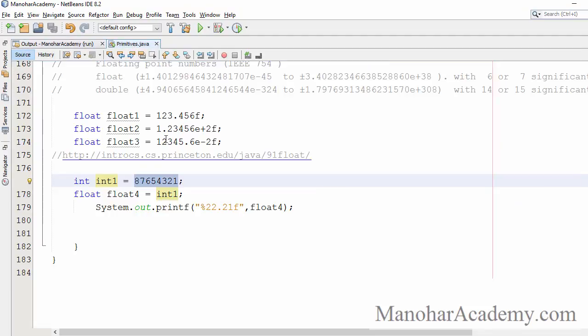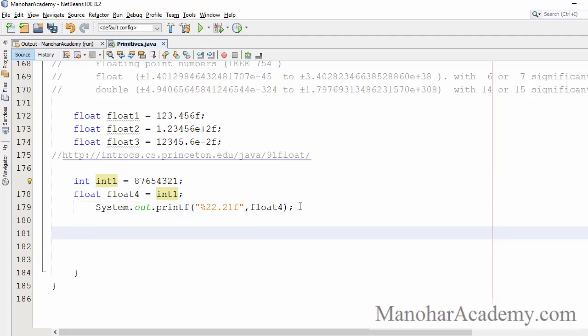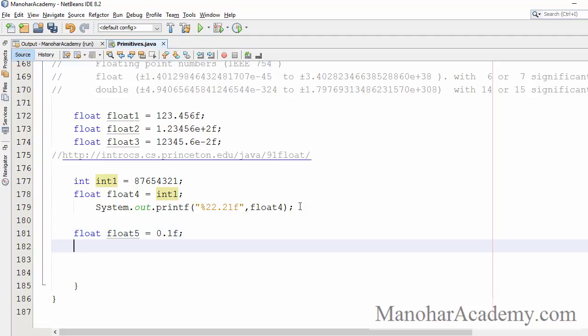Okay, so let's see one more thing. Let's try to assign 0.1 to this float value, and let's print it. This time you are going to be surprised, and you won't believe what you are seeing.